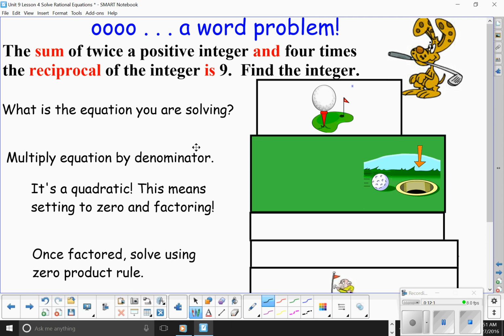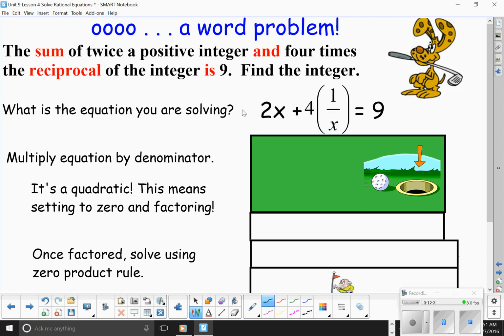So the sum tells me I'm going to add two things together. Reciprocal tells me I've got to flip something over. So I have the sum of twice a positive integer, 2x, plus 4 times the reciprocal, 1 over x, is 9. Write it out.